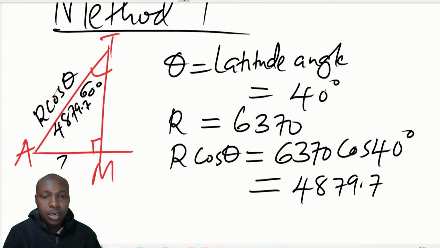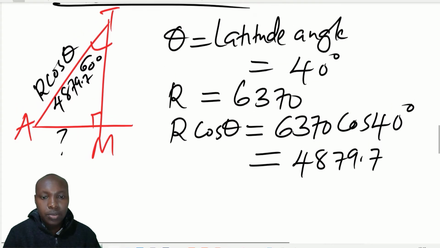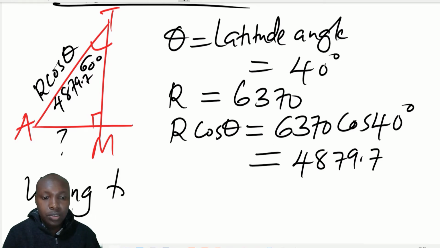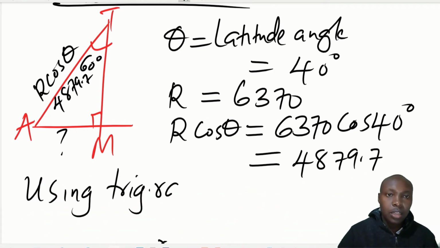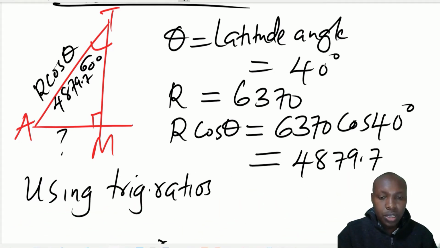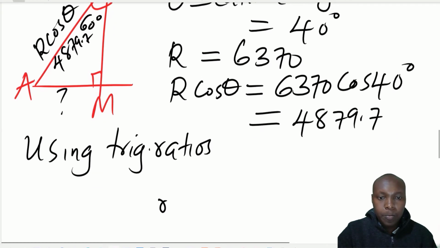Now when you get that, it will be easier for us to get AM, since this triangle AMT is a right angle triangle, we shall use trigonometric ratios. And in this case, since we have the hypotenuse and we also have this angle, to get AM I think sine will be better.